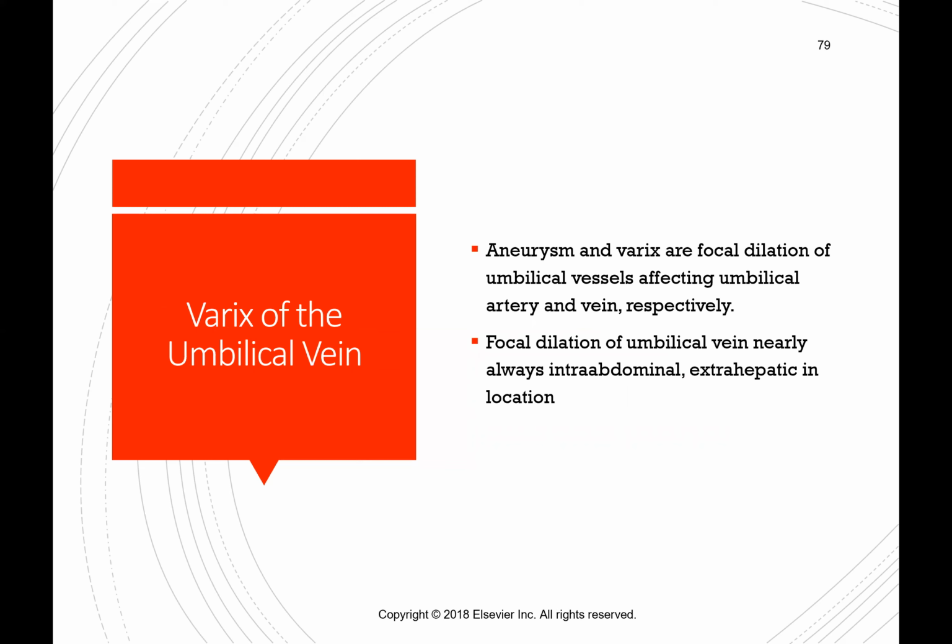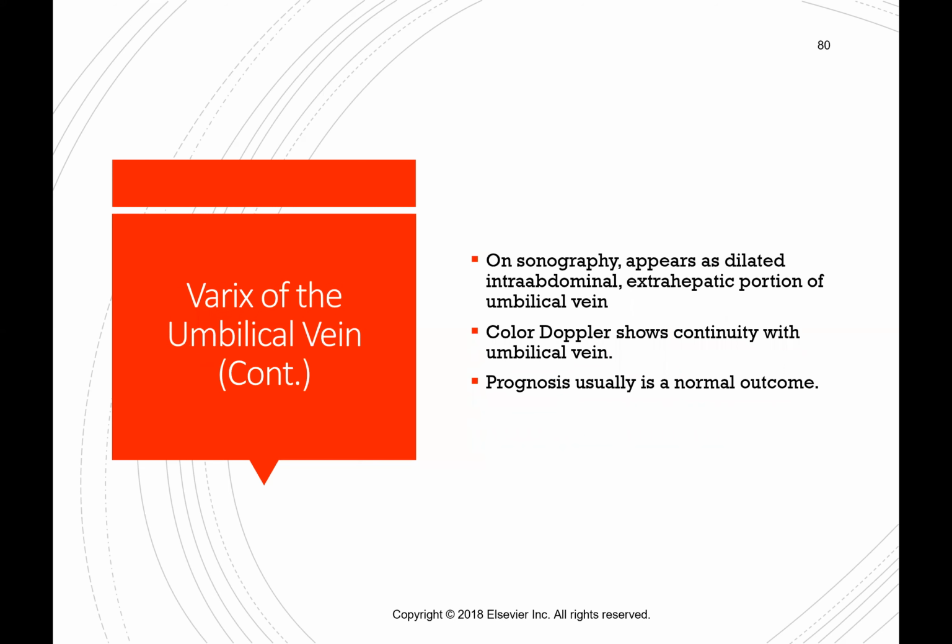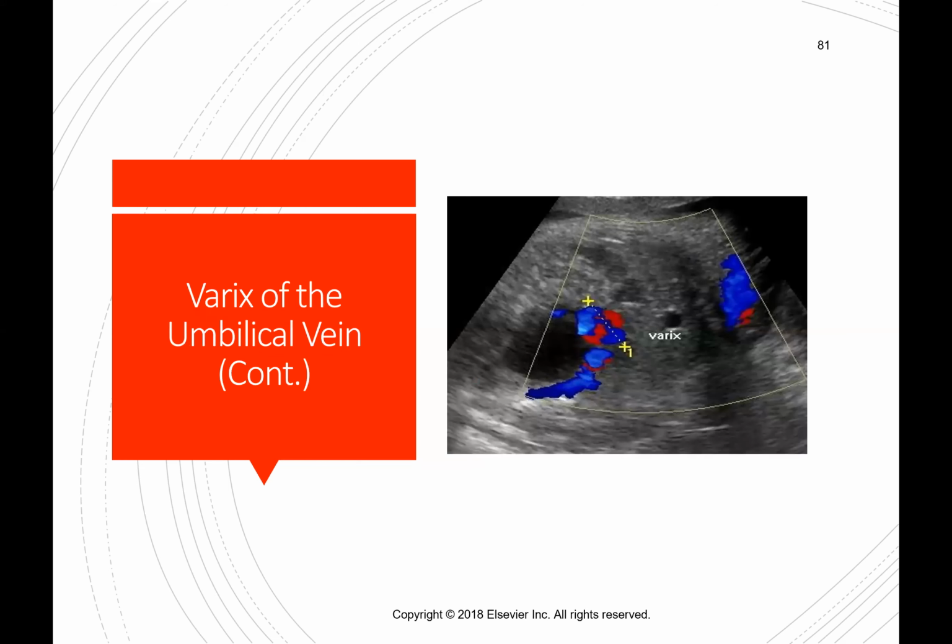A varix of the cord is a focal dilation of the umbilical vessels affecting the umbilical artery and vein. So right when the umbilical vein goes into the baby, there's a dilatation of the umbilical vein, extrahepatic in location.